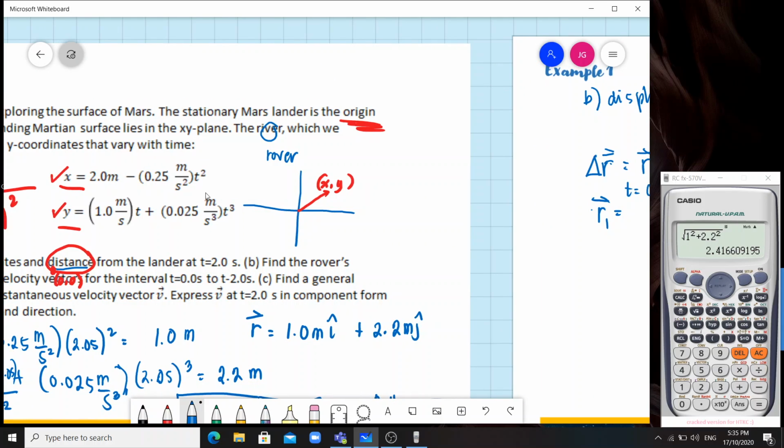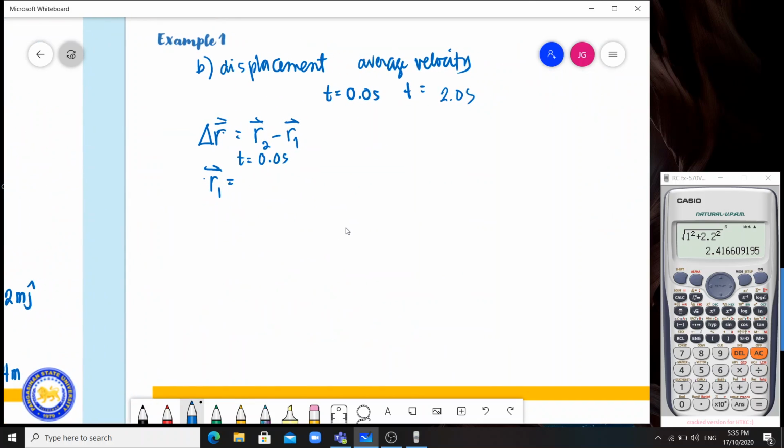Let's compute. Diba ang R1, we can represent that as x1 i plus y1 j. Okay. Ayusin natin ha.